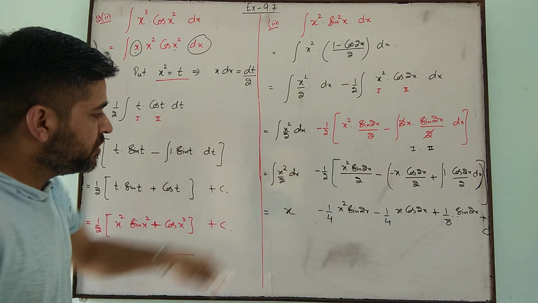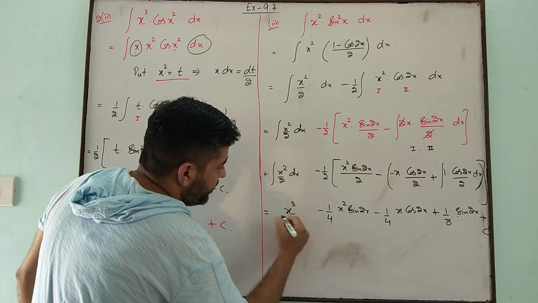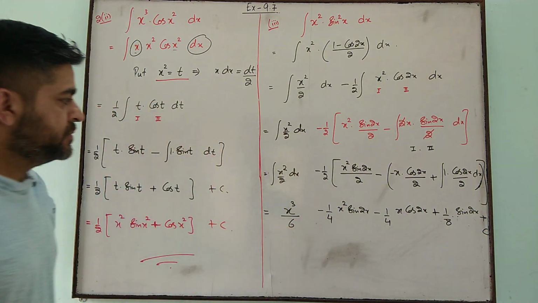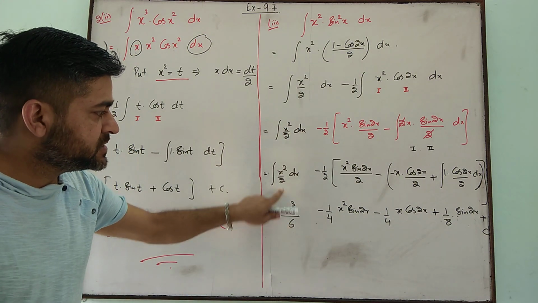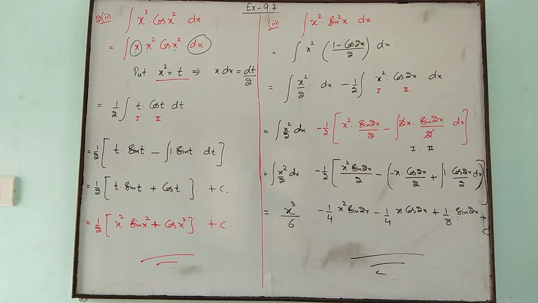Integration of x square will be x cube upon 3, so it is x cube upon 6 in total, and this will be the total integration. Just write it down.